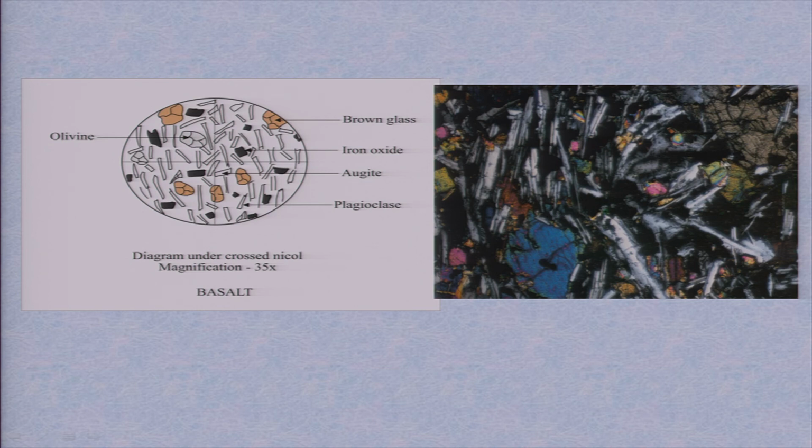Based on this observation, I have drawn this figure. This is my field of view. I am showing a hand drawn picture here, where I am trying to show you augite, olivine, brown glass, and all these crystalline grains embedded within the glass, giving rise to intersertal texture in basalt.